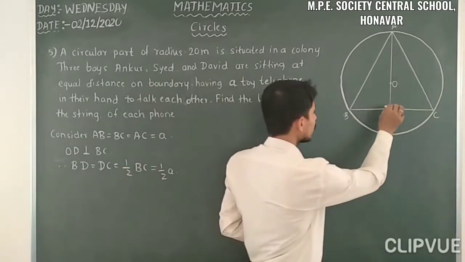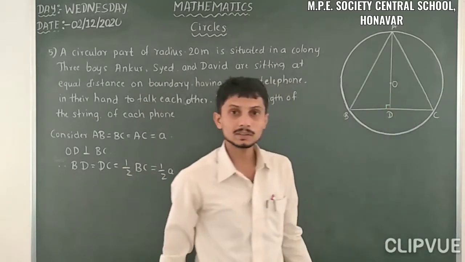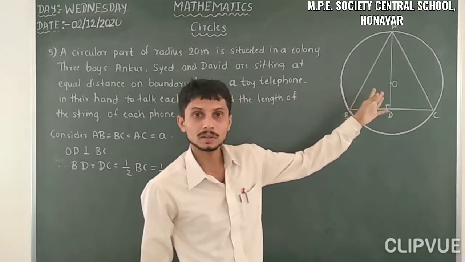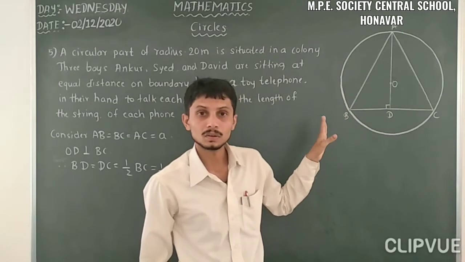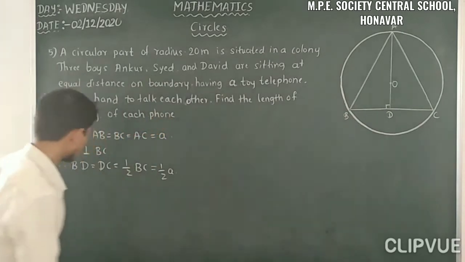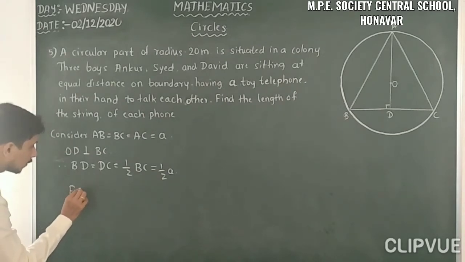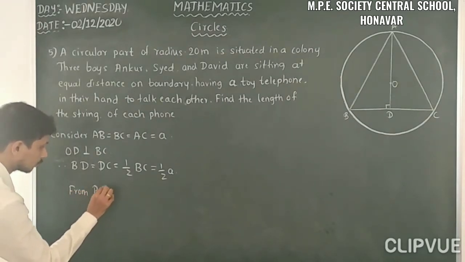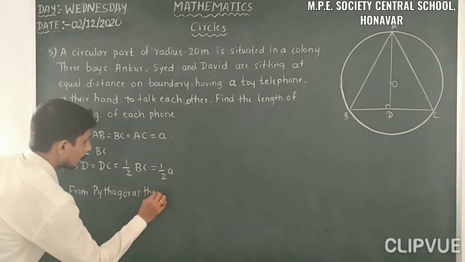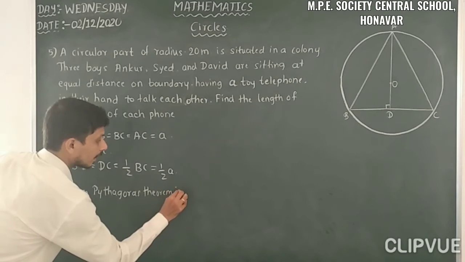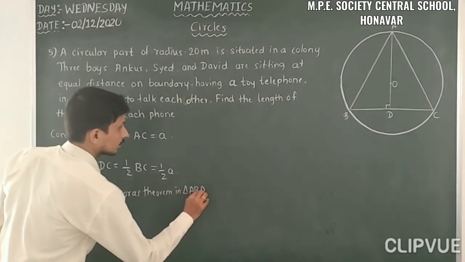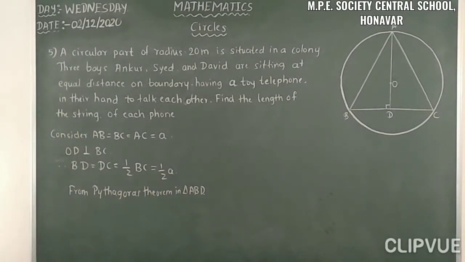That means it makes a right angle triangle. So that's why we can apply the Pythagoras theorem here. Yes, let us take that one. From Pythagoras theorem, in triangle ABD, here it is a right angle.